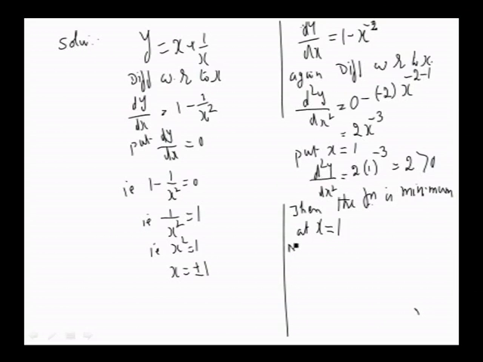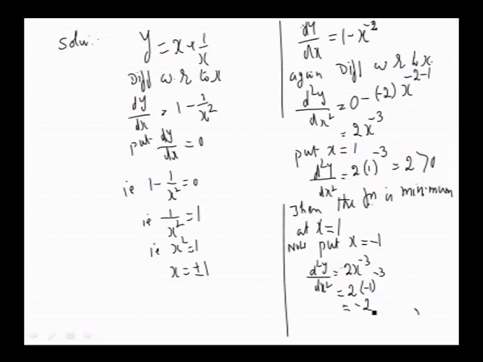Now put x is equal to minus 1 in d squared y by dx squared. D squared y by dx squared is equal to 2x to the power of minus 3. Put x is equal to minus 1: 2 into minus 1 whole to the power of minus 3. This is equal to minus 2, since minus 1 into minus 1 into minus 1 in the denominator gives us minus.